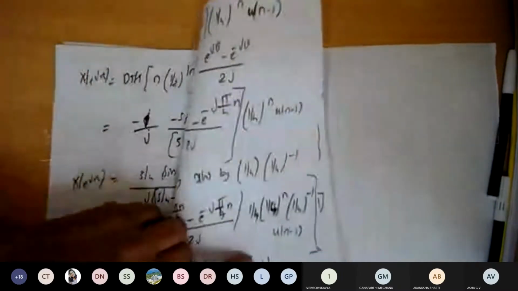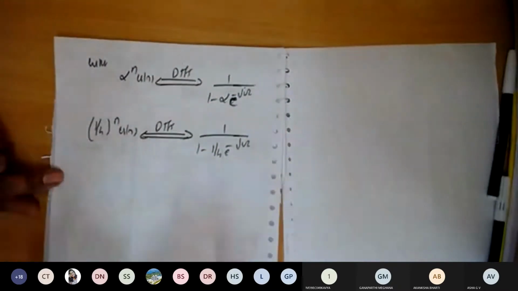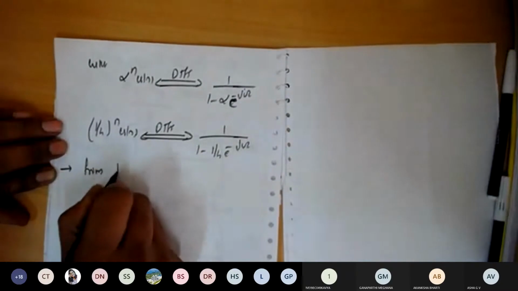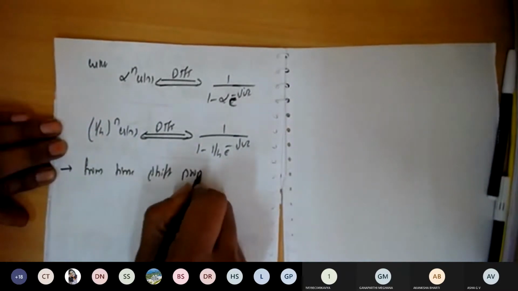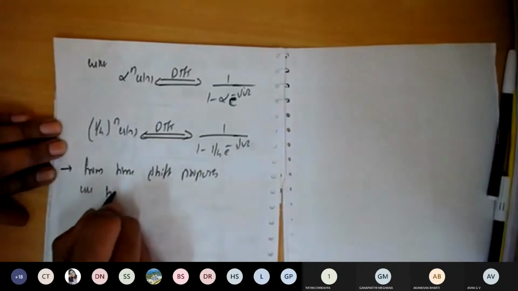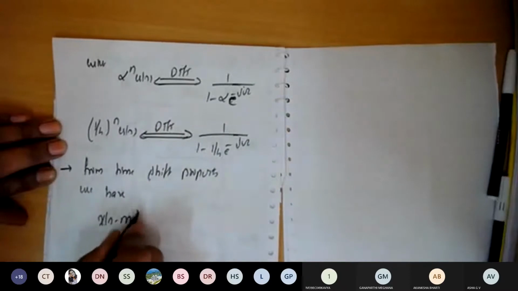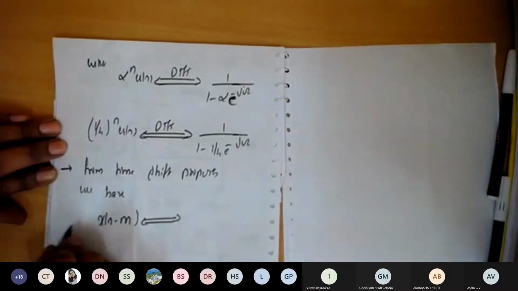So as per the time shift property, we can find out the DTFT of these terms. So let us state the property. From the time shift property, we have x of n minus m into u of n minus m.